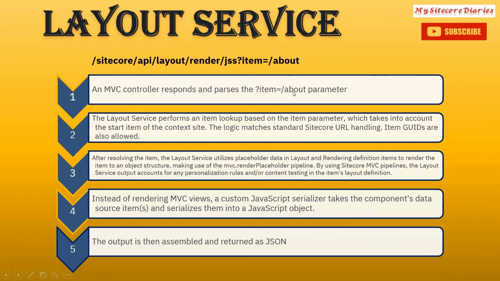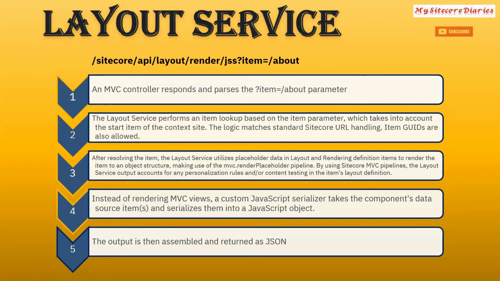It checks the about parameter and passes that item. The layout service performs an item lookup based on the item parameter, which takes into account the start item with the context site, and the logic matches standard Sitecore URL handling. Item GUIDs are also allowed. So it's the same thing we know as a Sitecore developer, how the URL gets resolved.